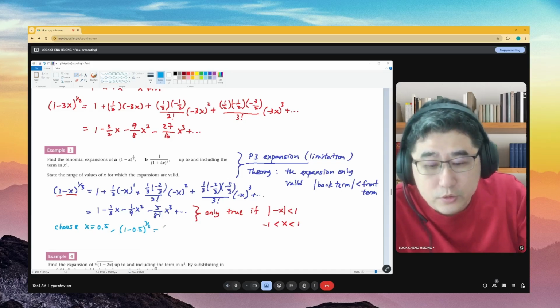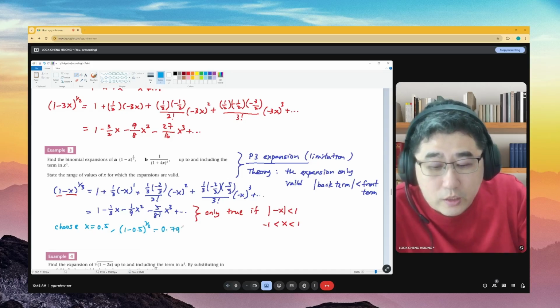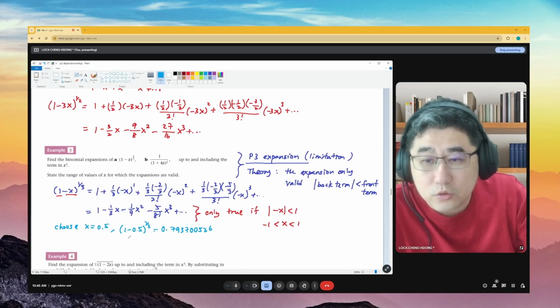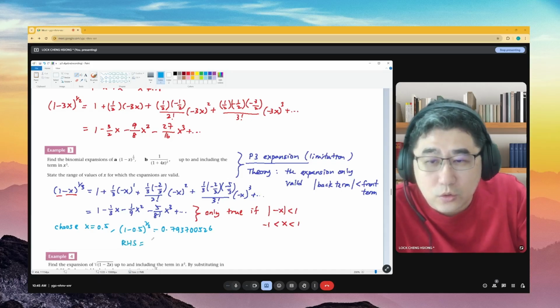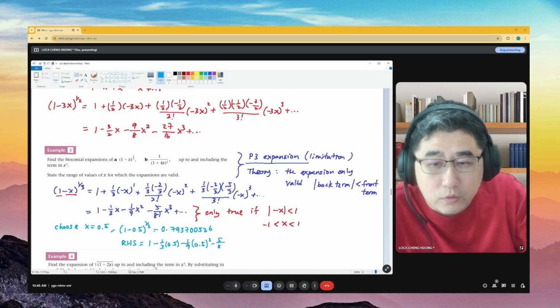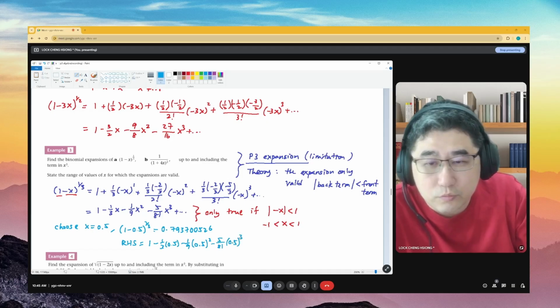So I have 0.793700526. Now if I put it into the right hand side, 1 minus 1 over 3 times 0.5, minus 1 over 9 times 0.5 squared, minus 5 over 81 times 0.5 cubed.